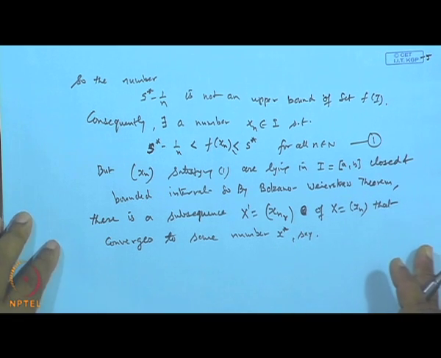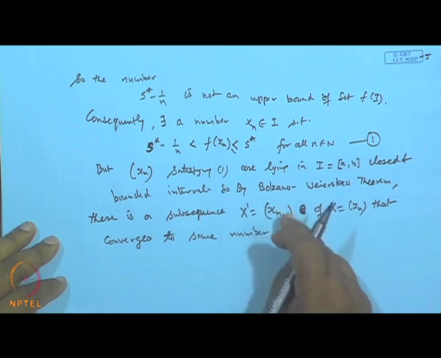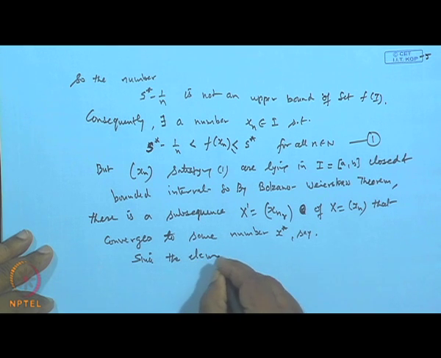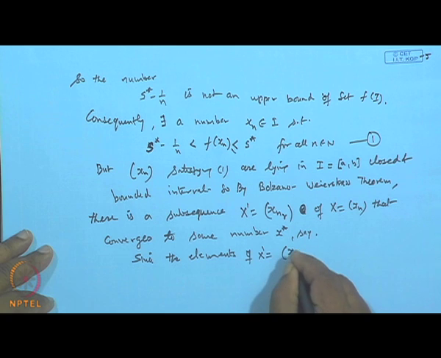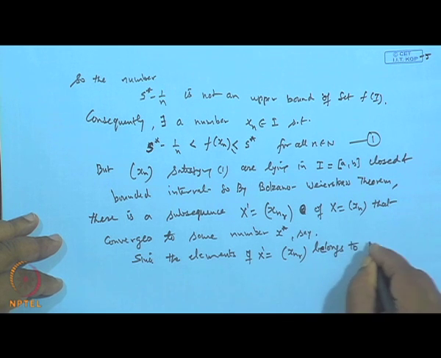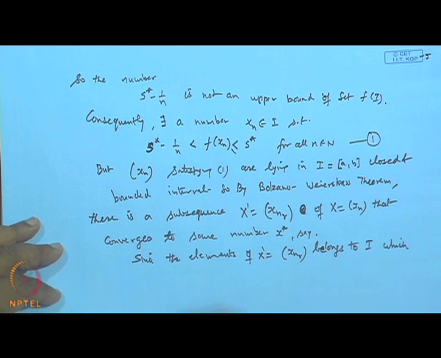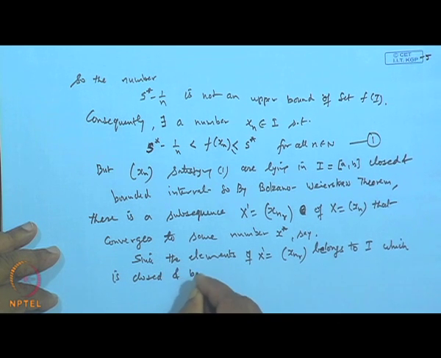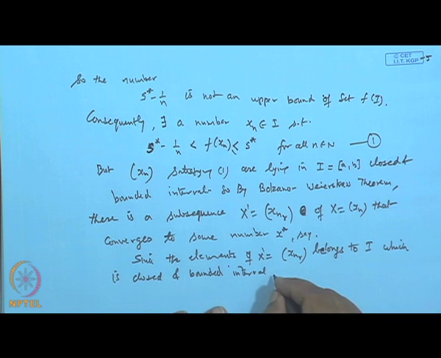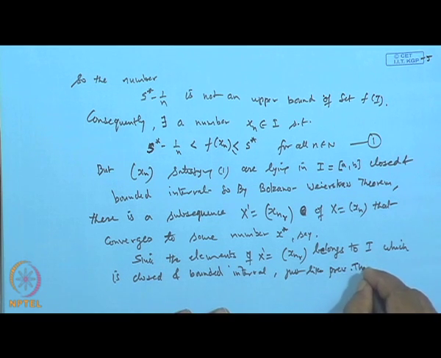So, how to show this: since all the elements of x', that is x_{n_r}, belong to I, which is a closed and bounded interval, just like the previous theorem, we have seen that if a sequence of points belongs to a closed and bounded interval, then the limit point will also belong to it, since it is closed.